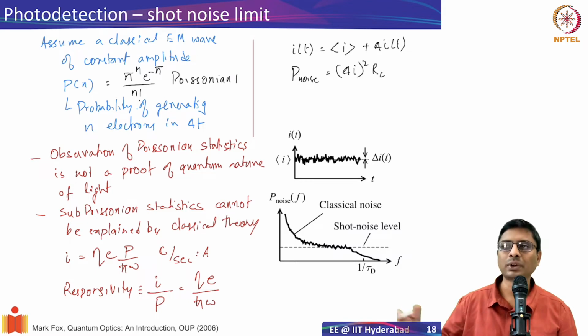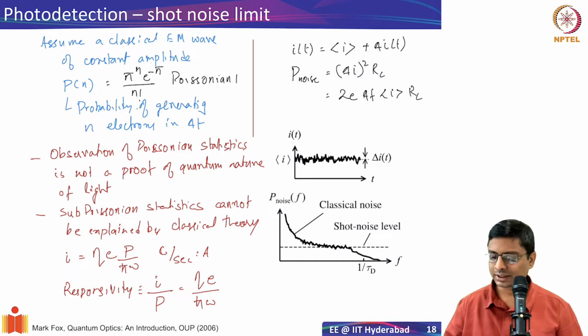If you have some load resistance RL, the total amount of noise power is going to be delta I squared times RL. And you can show that delta I squared is essentially equal to 2E delta F times mean current. We are not really proving this, we are just giving this expression as my noise power: 2 times the charge of the electron times the bandwidth, times the average current, times RL.